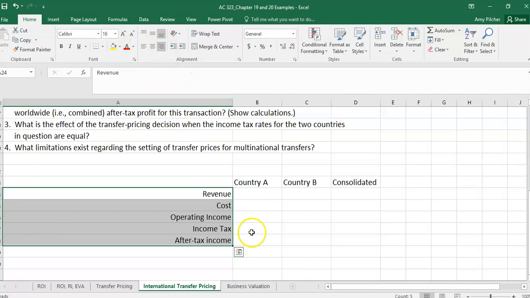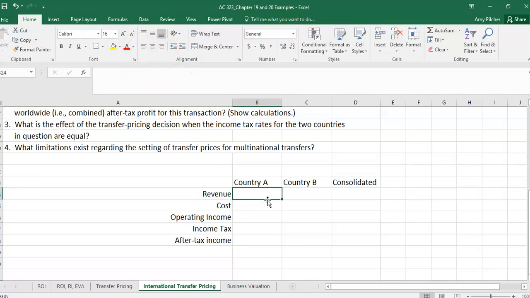If you remember from the reading, the revenue and the cost of the transfer price net themselves out. And so we don't see this internal transfer when we have our consolidated financial statements.